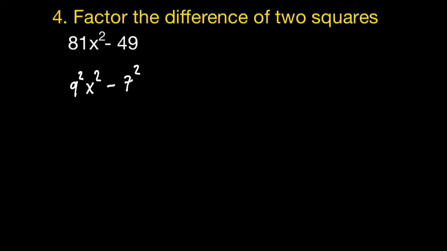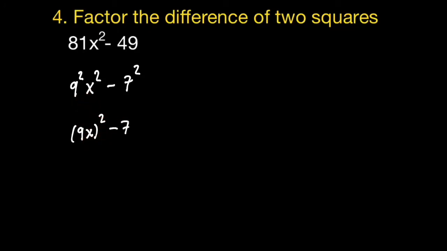Now, we don't have the difference of squares form just yet, but we can be clever and rewrite the left-hand side as 9x all raised to the second power. Just applying our rules of exponents allows us to use algebra to rewrite this as 9x all raised to the second power.